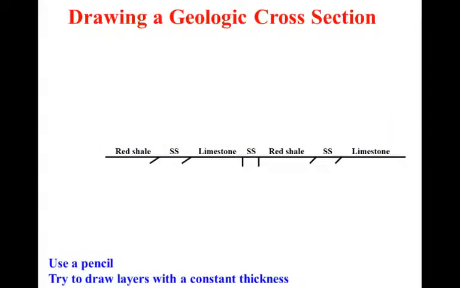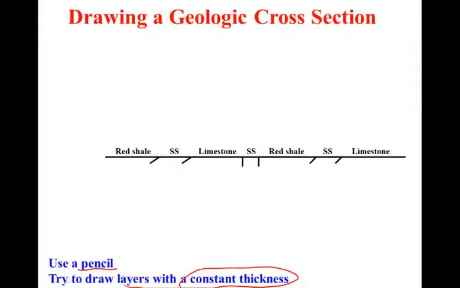In drawing our geologic cross-section, I want to use a pencil because we're not going to get it right on the first try. And as we're drawing our rock layers, we want to try to draw them with a constant thickness. When sediment is deposited to form rock, that sediment is being laid down on some surface like the seafloor or lake bed, and it's laid down in layers that are more or less constant in thickness across broad areas.